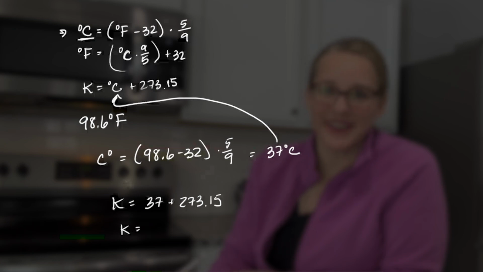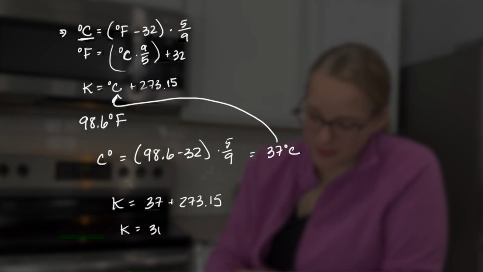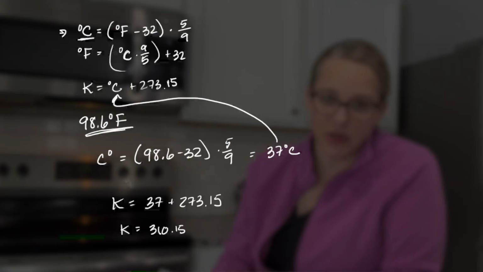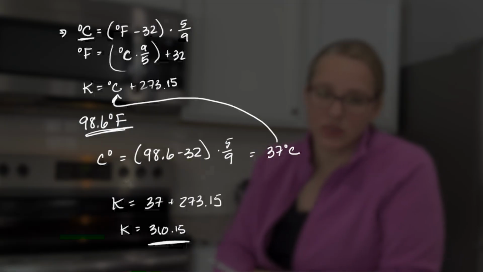Yes. Sorry, I crossed my 7s. Did I do this right? 310.15. Right. So 98.6 degrees Fahrenheit, or body temperature, is the same as 310.15 Kelvin.